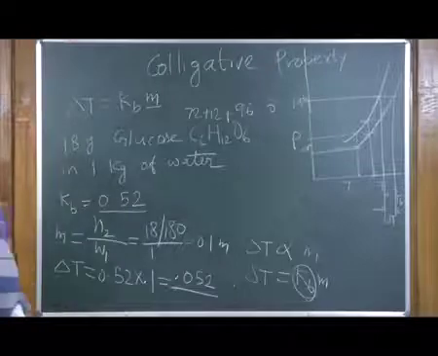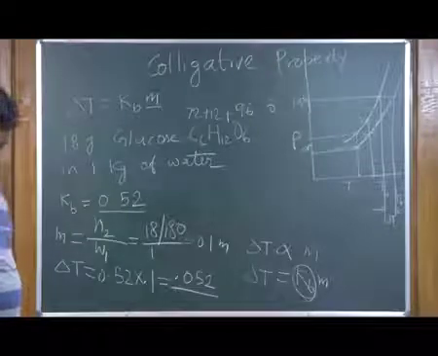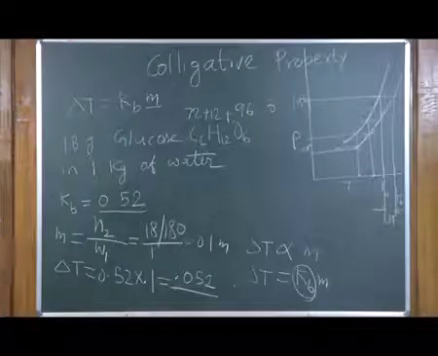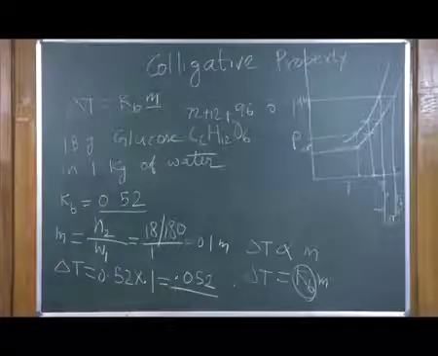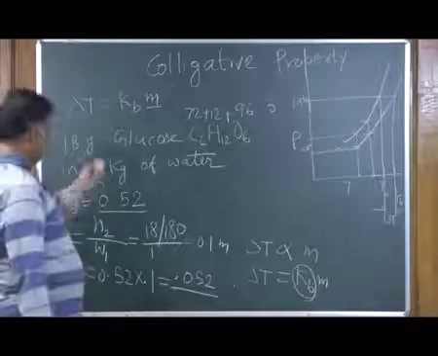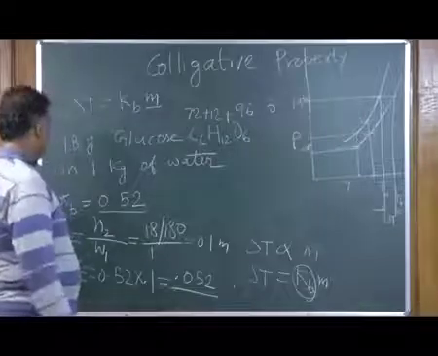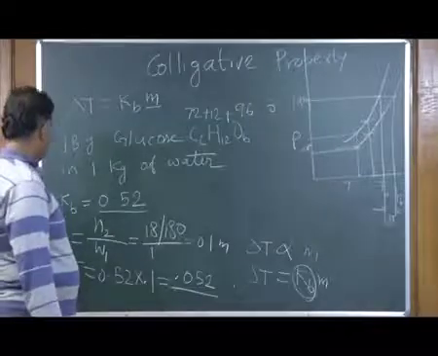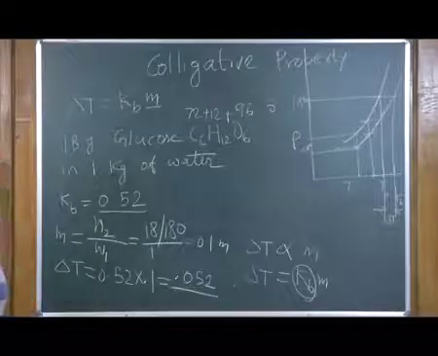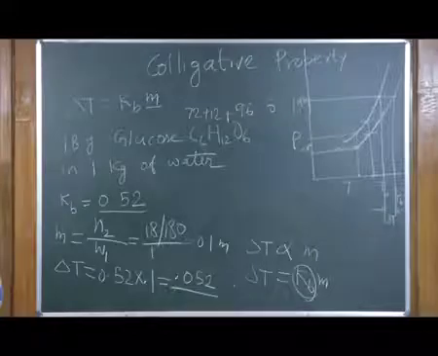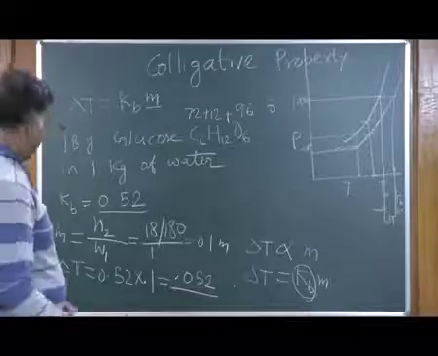So, initially the water was boiling at 100 degree, now it will boil at 100.052 degrees centigrade. Now we were given the information about glucose. If we do not know about the solute, let us say we are dissolving some unknown solute, then we can use the same information to calculate the molecular weight of the solute.